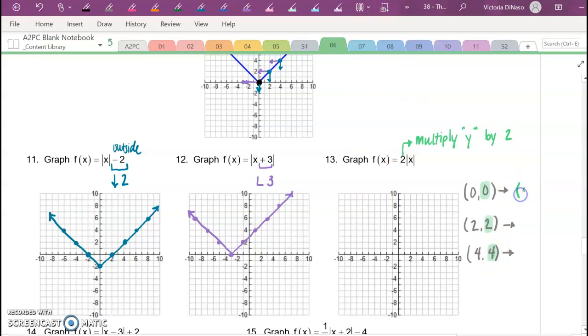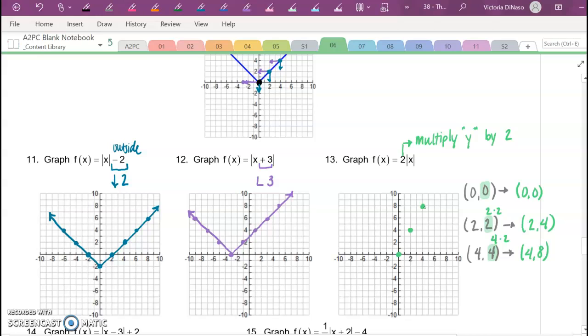So when we do that, we end up at 0, 0, right? We have 2 times 2 to get 4, so we're at 2 comma 4. And we have 4 times 2, which is 8, so we're at 4 comma 8. So we can go ahead and plot these points. Now you didn't have to pick the ordered pairs that I picked.